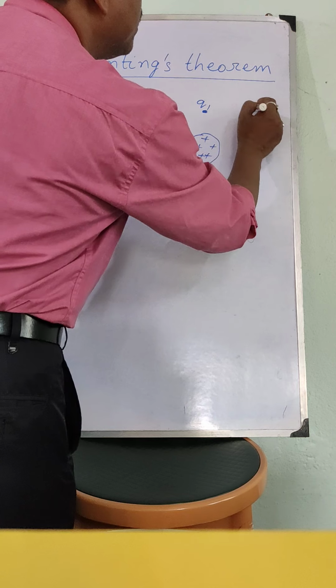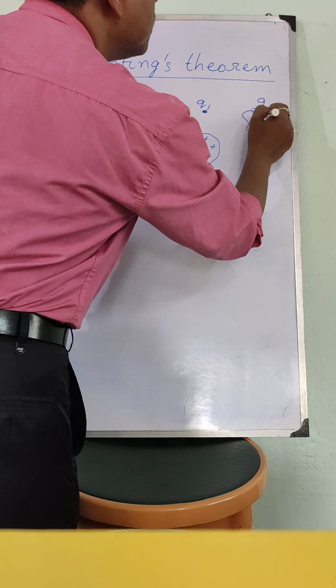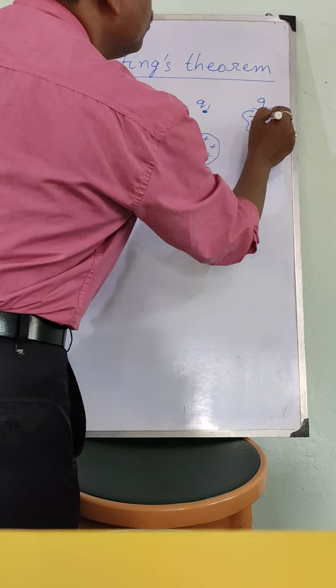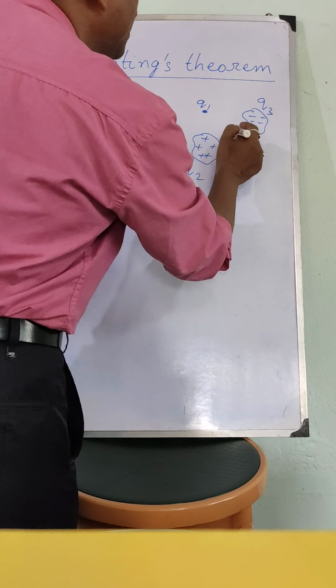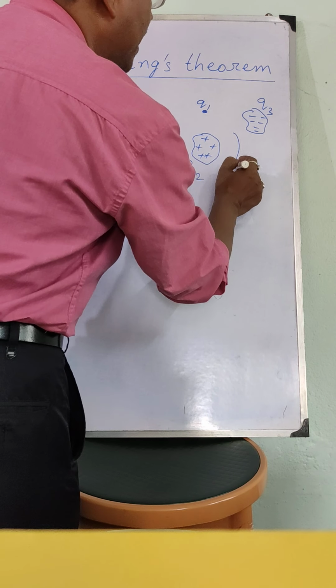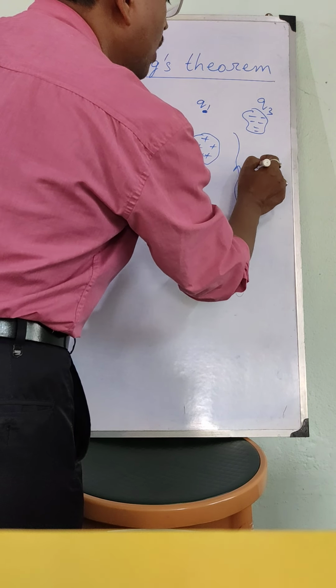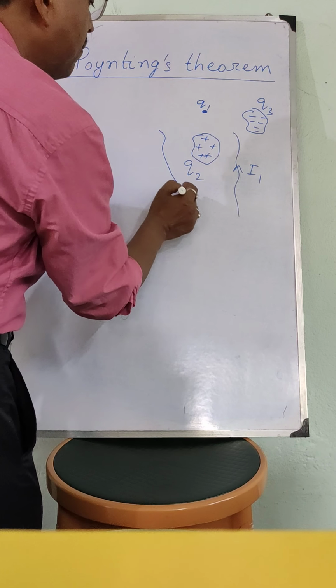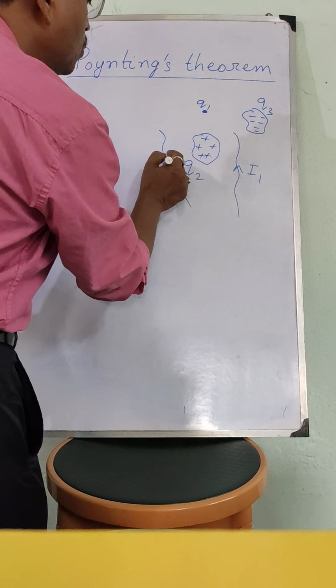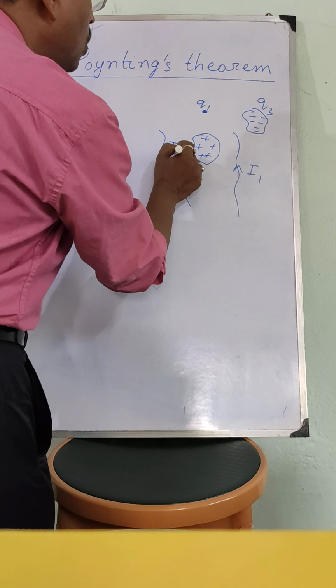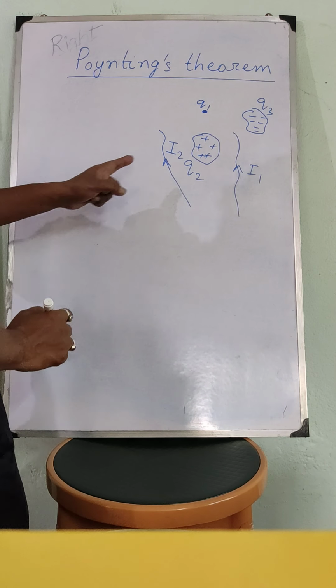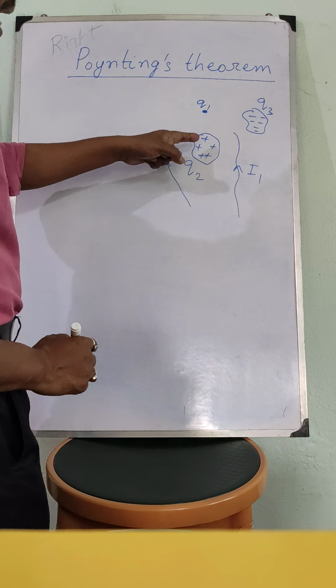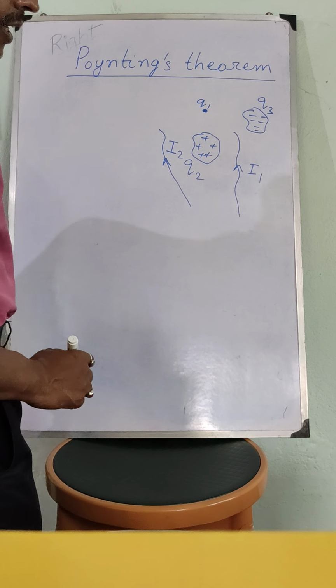Here I have Q3 charge, these are negative charges, and also we have currents. This is current I1 flowing, here we have current I2 flowing. So in this region, current produces magnetic field and charges produce electric field.